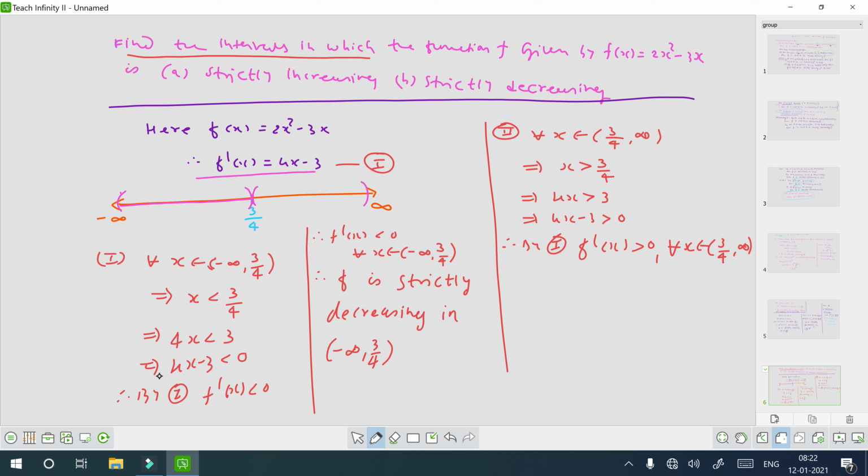In this interval it is positive, and therefore f is strictly increasing in 3 by 4 to infinity. This one is very simple example.